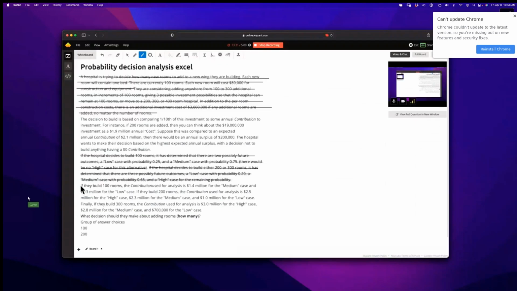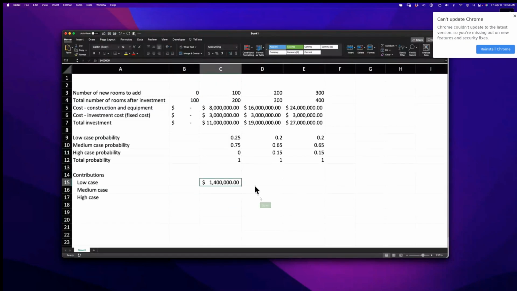If they build 100 rooms, oh, that's for the medium case. So I got that wrong there. I need to move that to the medium case. Because when I shifted that, I cut it, that's why I lost the formatting there.